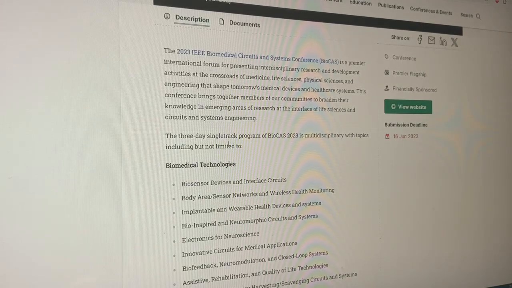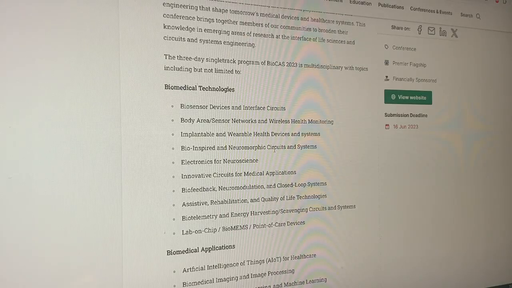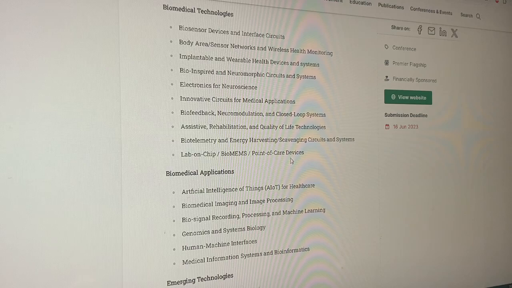And they get to meet for a 3-day single-track program of biocast, multidisciplinary with topics like biosensor devices and interface circuits, body area sensor networks and wireless health monitoring, implantable and wearable health devices and systems, bio-inspired and neuromorphic circuits and systems, electronics for neuroscience, innovative circuits for medical applications, biofeedback, neuromodulation and closed-loop systems, rehab, biotelemetry, and energy harvesting scavenging circuits and systems, lab on a chip, bio-MEMS, and point of care.